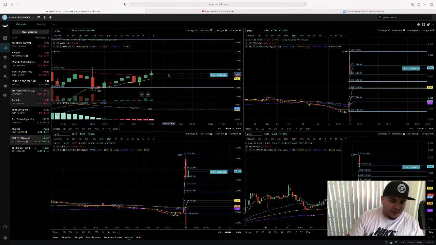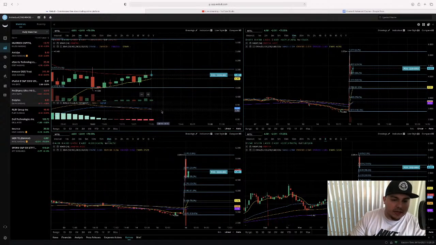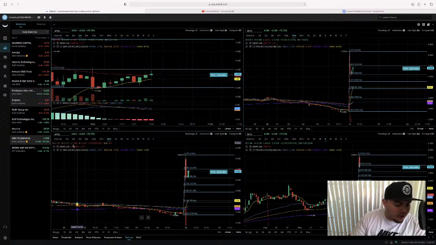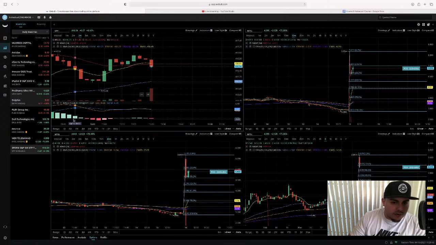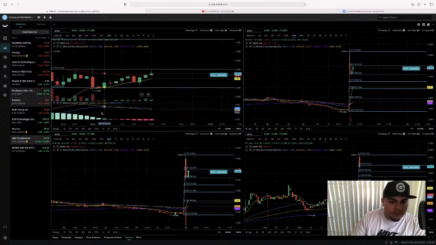Like I said, I don't like this stock. This is very risky. It's high risk, high reward. If I break above VWAP, 4.93 area, 4.95, we could see some potential reward on this stock. And SPY looks like it's trying to hold trade line, not doing a good job. So we'll see.